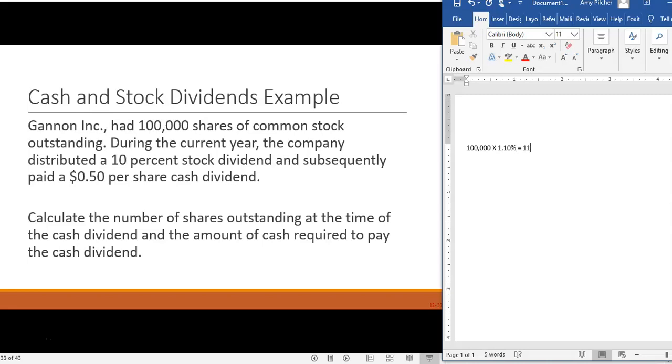That tells us that after our stock dividend, we now have 110,000 outstanding shares. We take our 110,000 outstanding shares times our 50 cent per share dividend amount, and the total cash required to pay that dividend is $55,000.